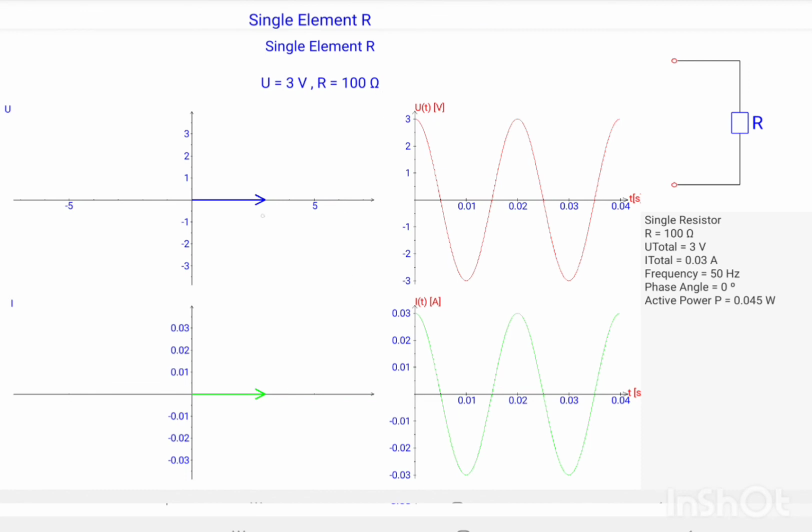Look at the blue arrow and the green arrow. When we tap this, the blue one and the green one are in phase. The phasor diagram rotates anti-clockwise at the same time.